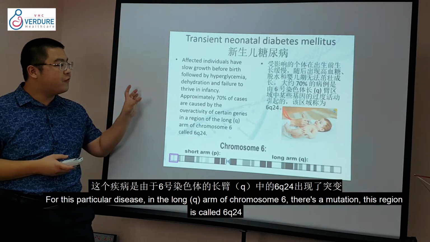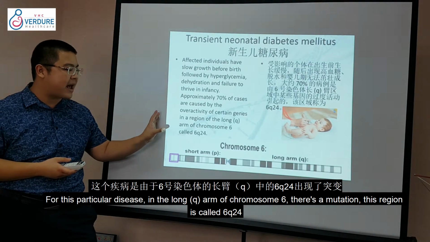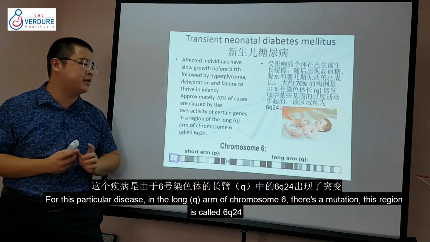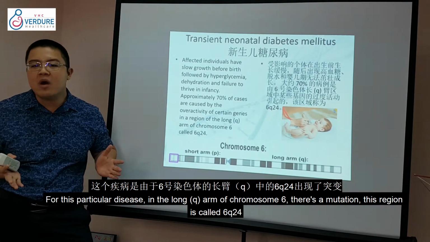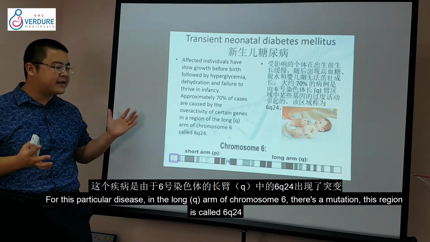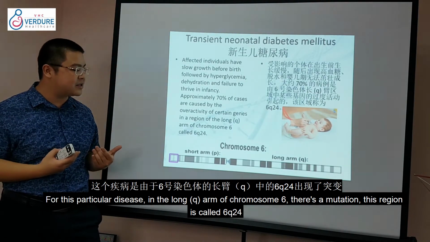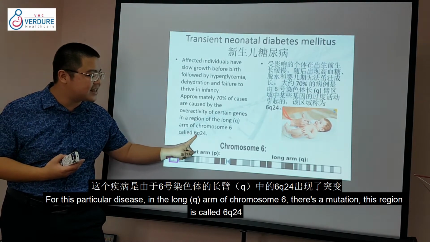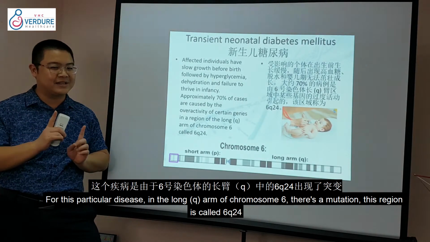Right, so for this particular disease, what happened is that in the region of the long or the q arm of chromosome 6 there has been a mutation. So this region is called 6q24. Now, does that ring a bell?